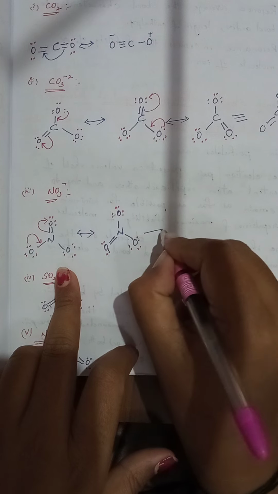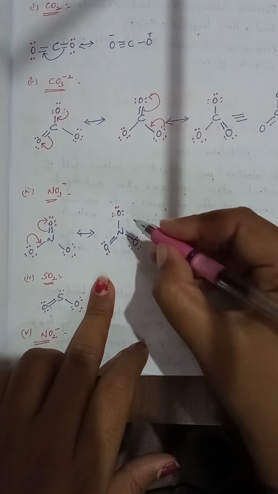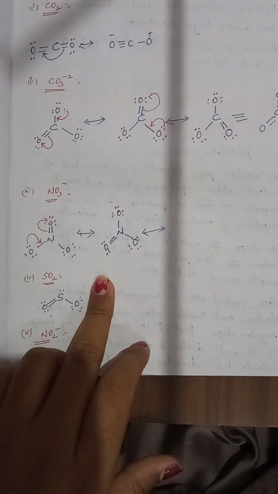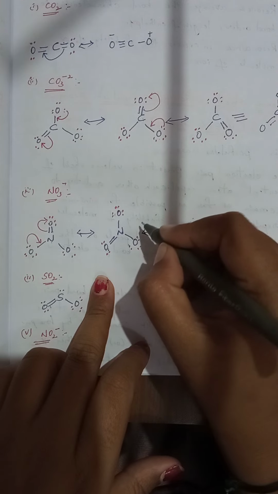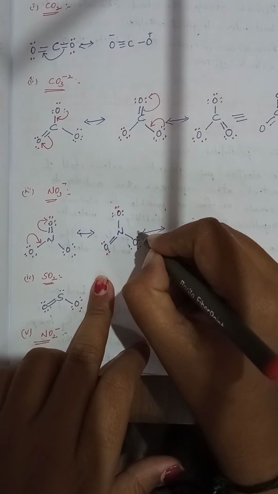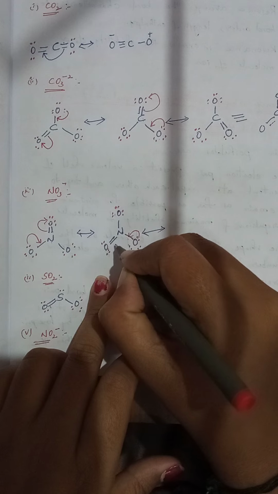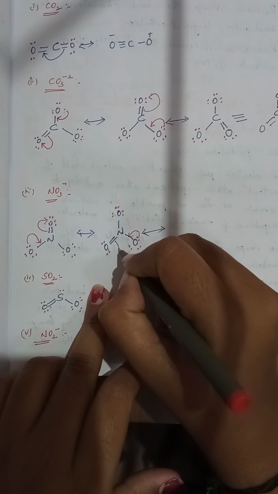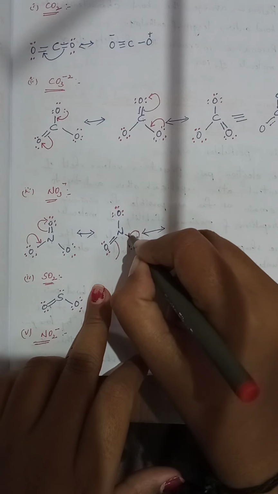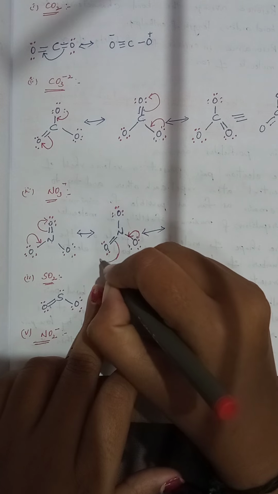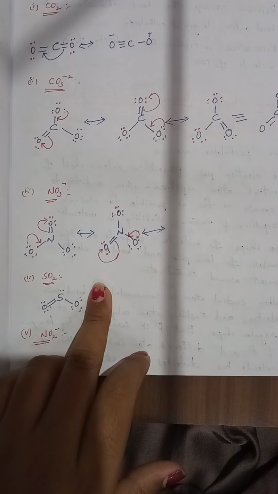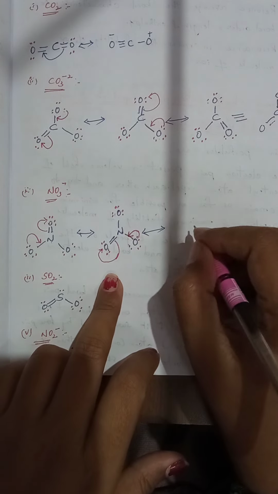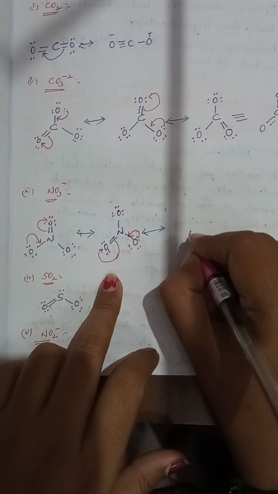Now in the second resonating structure, the pi bonded electrons move here, and this lone pair of electrons will make a pi bond here. These pi bonded electrons move to the adjacent oxygen atom. Then we will get another resonating structure.